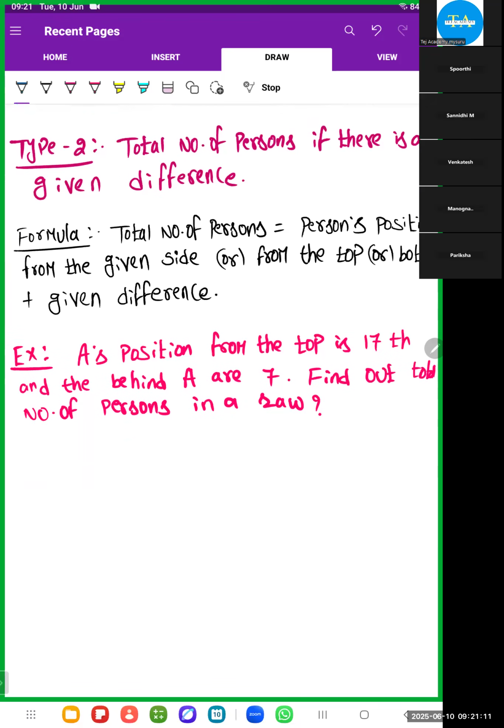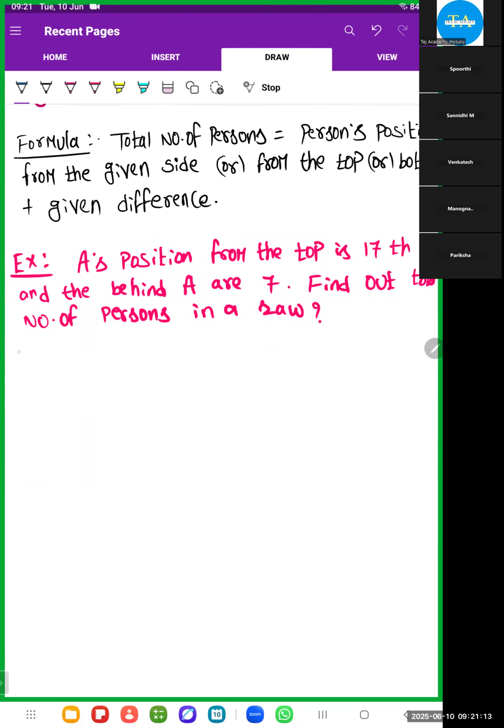Okay, so this is the question. They're asking: total number of persons equals dash. So 24, sir. 24, very good. So you know the formula. Total number of persons is equal to the person's position from the given side, from top or bottom, plus the given difference.